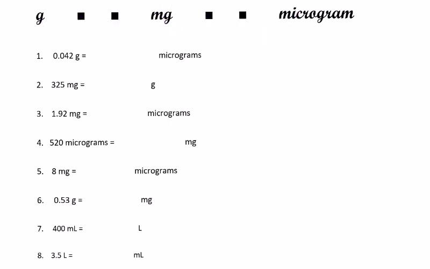So in this first case, when we need to change from grams to micrograms, we're going to multiply that first quantity by a million. Or if you prefer, copy that quantity, 0.042, and as we have just seen, it is going to be 6 decimal places to the right.